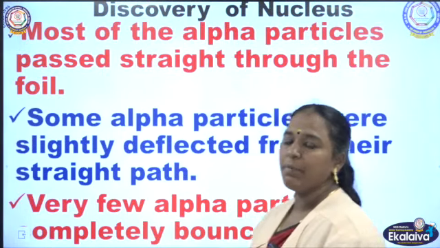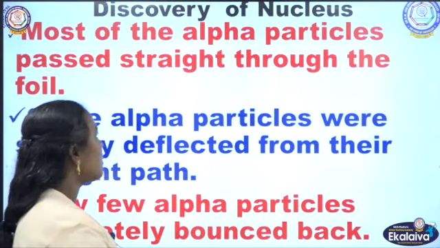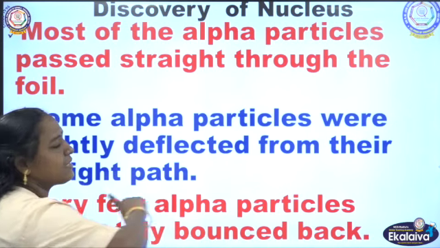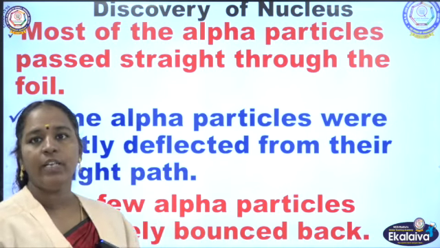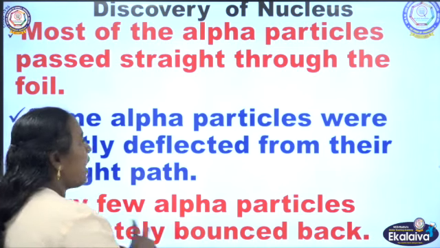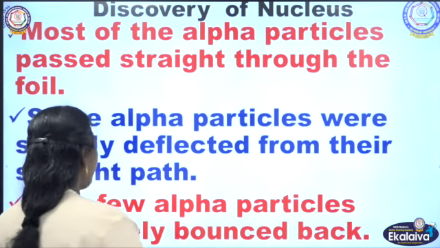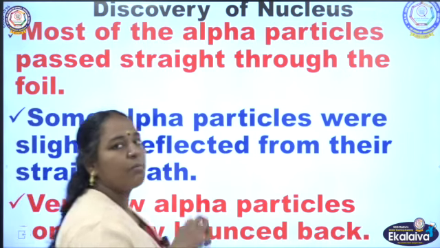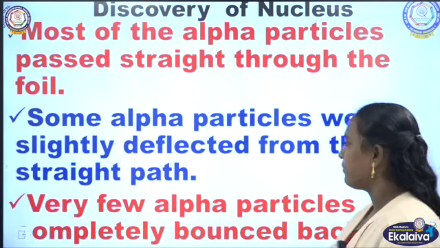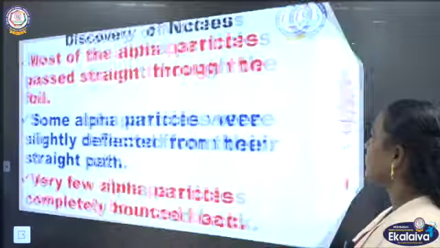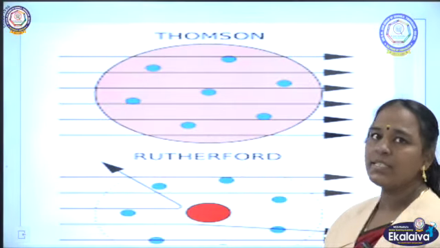In this experiment, he observed that most of the alpha particles pass straight through the golden foil, but some alpha particles are deflected and a few alpha particles are bounced back. You can see this picture.